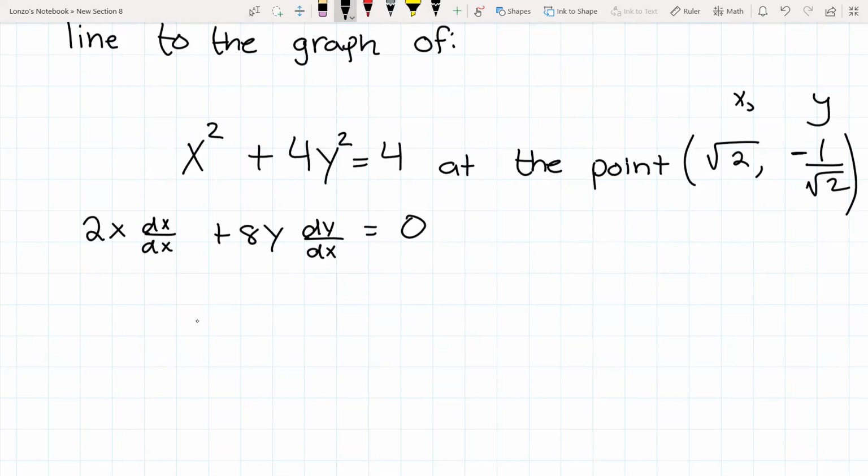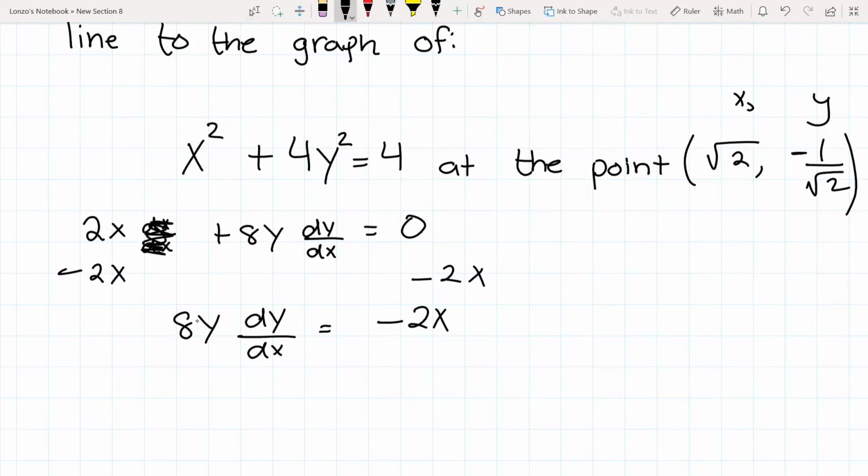Okay. Then anything that doesn't have a dy dx, move it to the other side. So I'm going to move this 2x to the right by subtracting 2x. I get 8y dy over dx equals negative 2x.